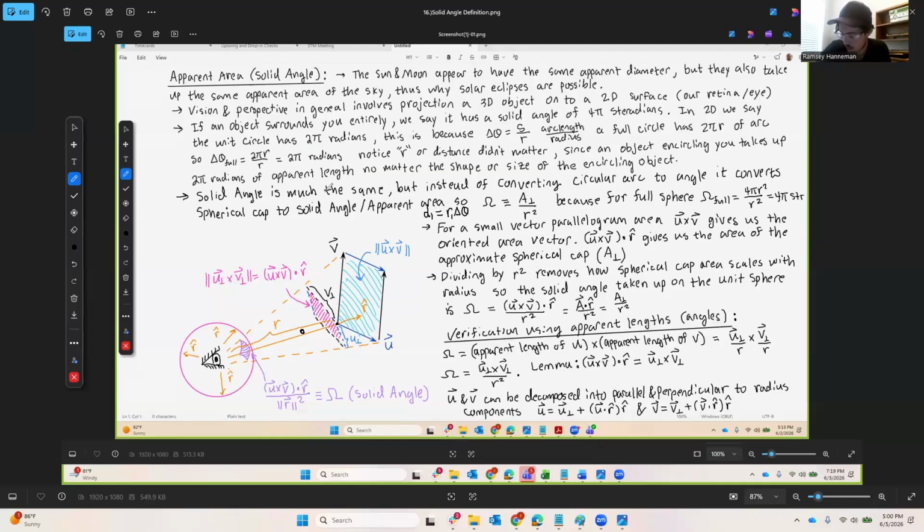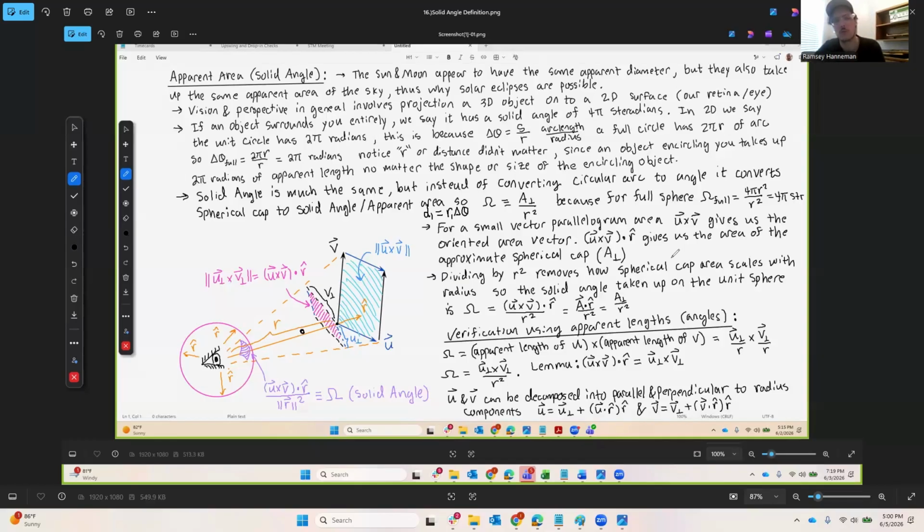So solid angle is very much the same, but instead of converting circular arc to angle, it converts spherical cap to solid angle, or apparent area. So for solid angle, we define that as the perpendicular area of an object, the perpendicular area an object takes up in our vision, divided by the radius squared. Because for a full sphere, there's 4 pi r squared of spherical cap, right?